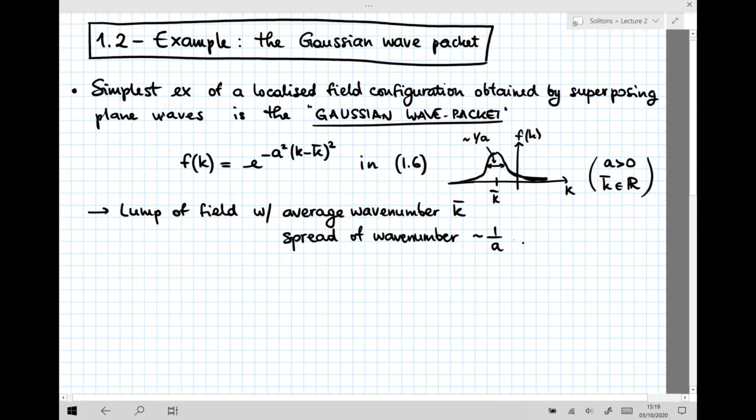We're not really interested in defining precisely the width and determining the numerical coefficient. The important point is that it goes like 1 over a.